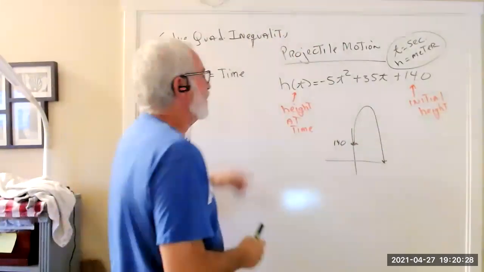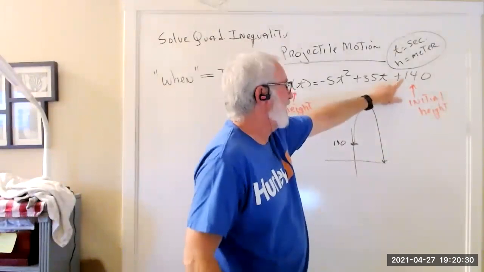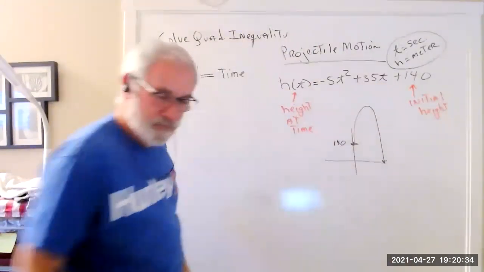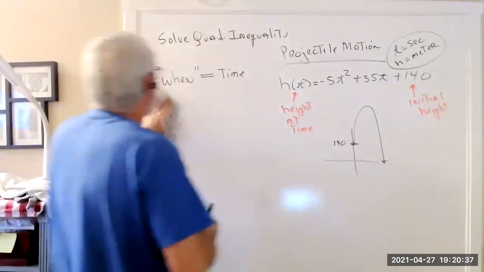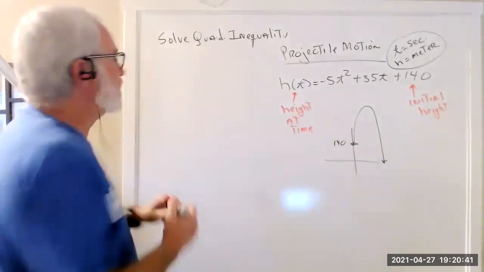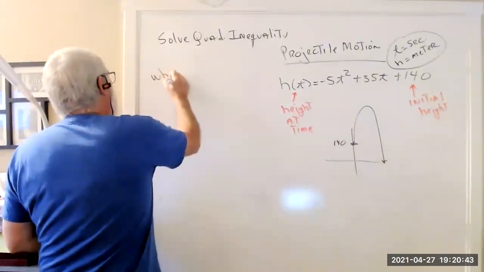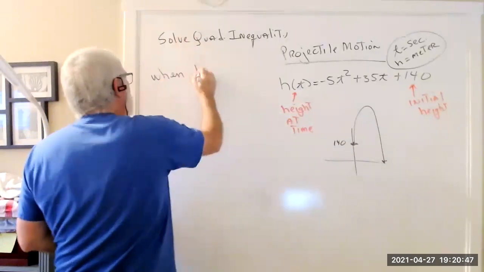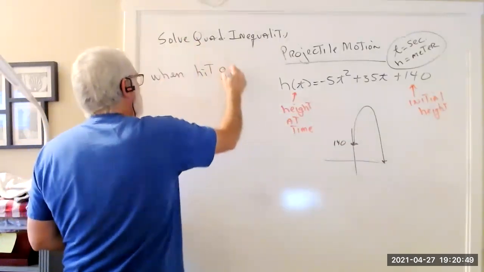Okay, never mind. So this says the rocket started at 140 meters, went up, comes back down. All right. The first question on the quiz was something like, when does it hit the ground?